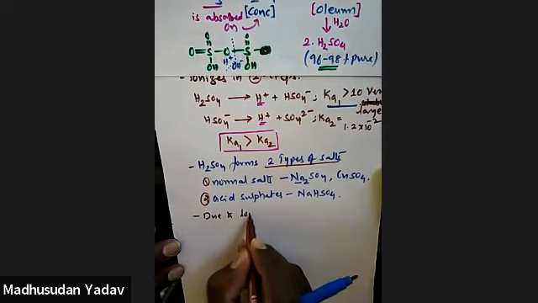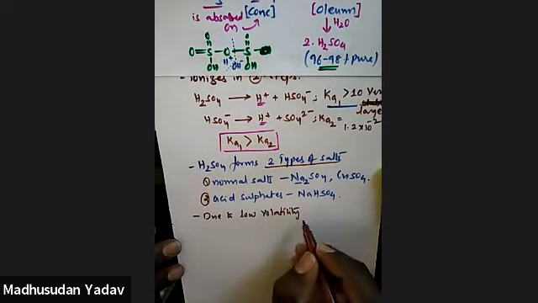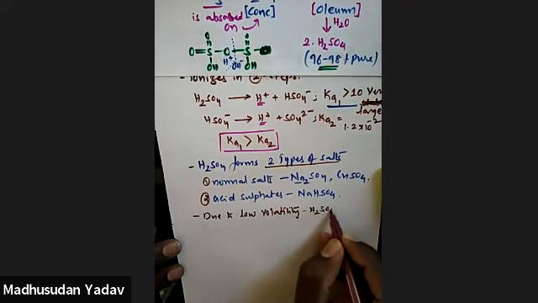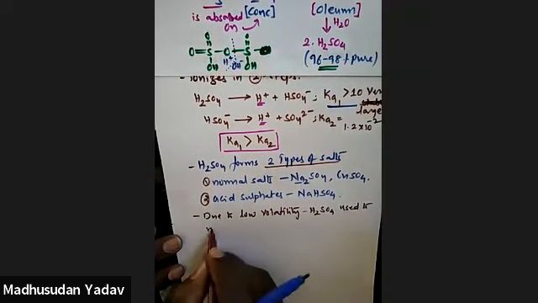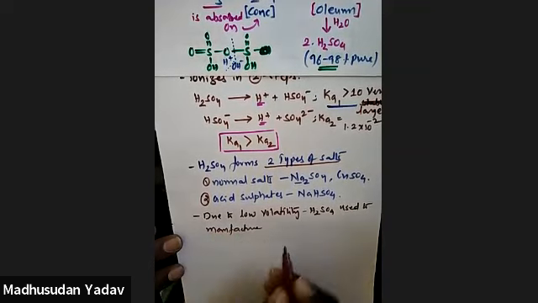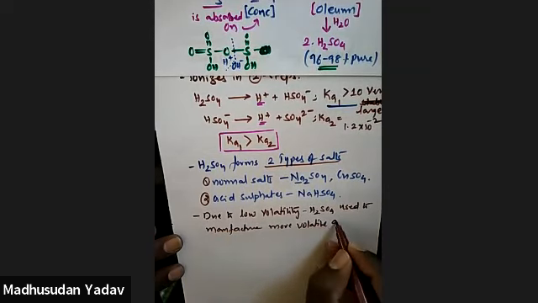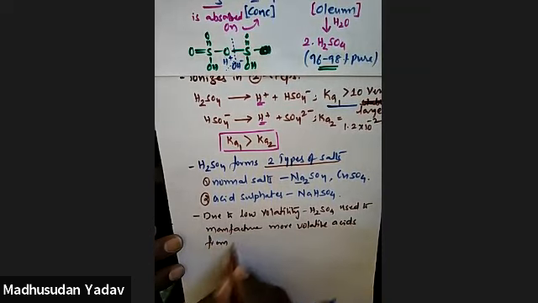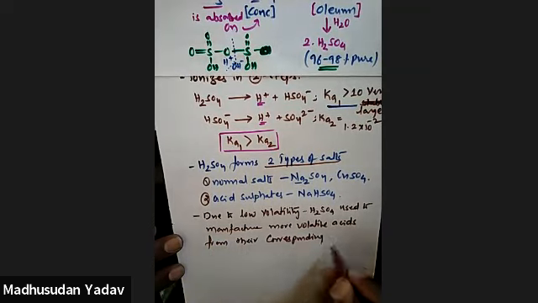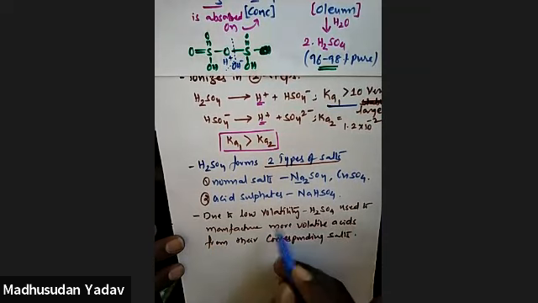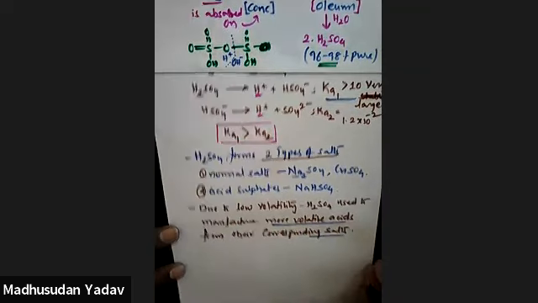Due to low volatility, which relates to the evaporation process, sulfuric acid is used to manufacture more volatile acids from their corresponding salts.